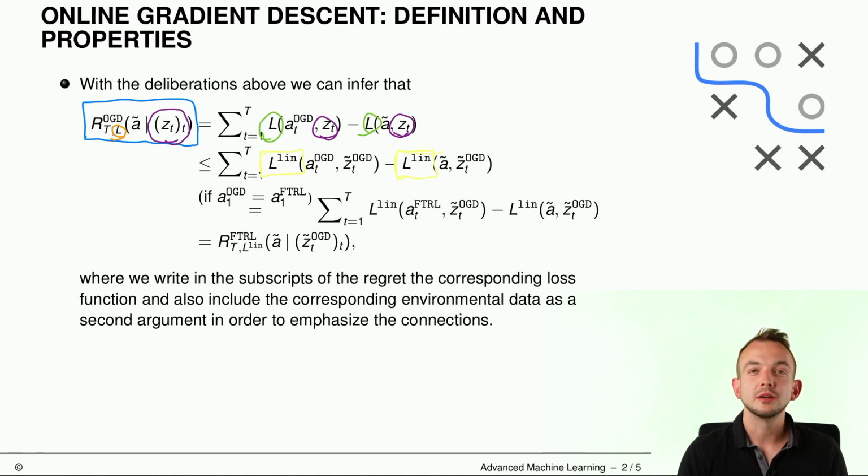We have now the linear loss function. Plus, we are changing the environmental data points. Now we have these artificial environmental data points.